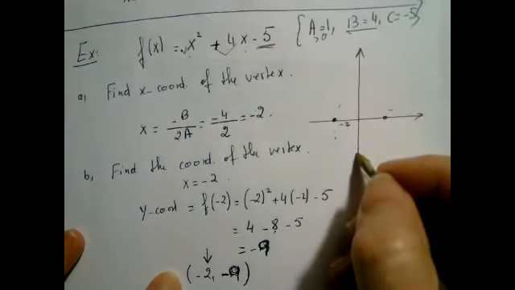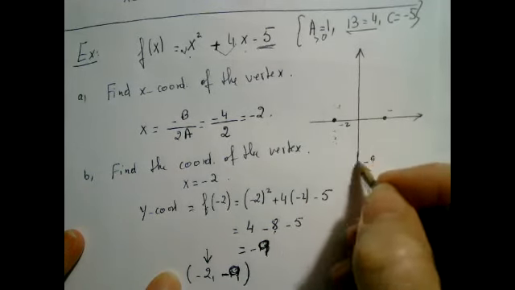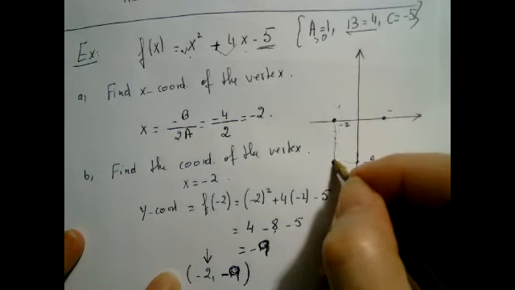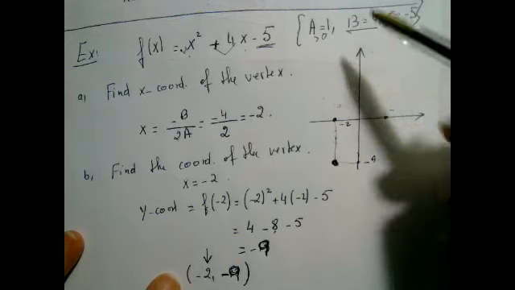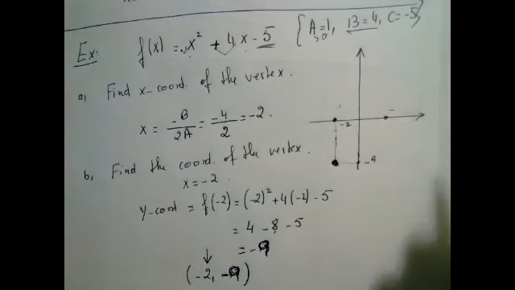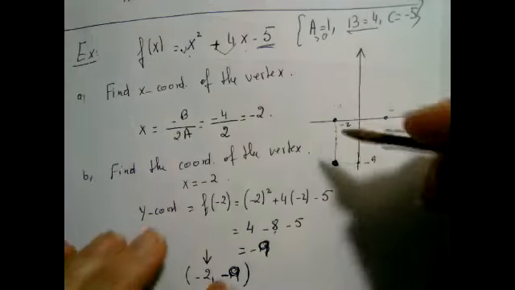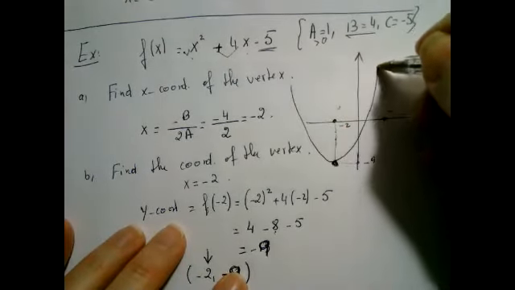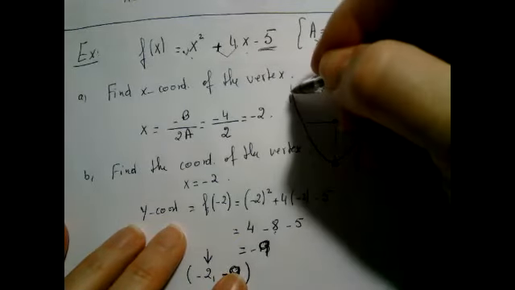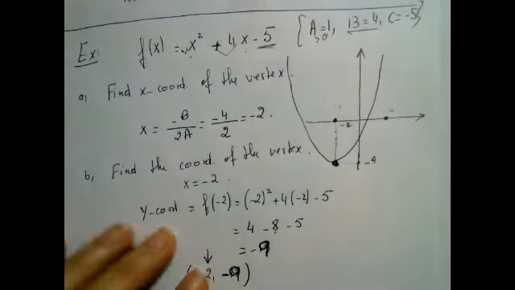If this is minus 2 and this is minus 9, my parabola will have its vertex here. Now I can almost sketch my parabola. I know that a is positive, and what I told you is that when a is positive, it is concave up. So my parabola is going to look something like that. Absolutely like that.